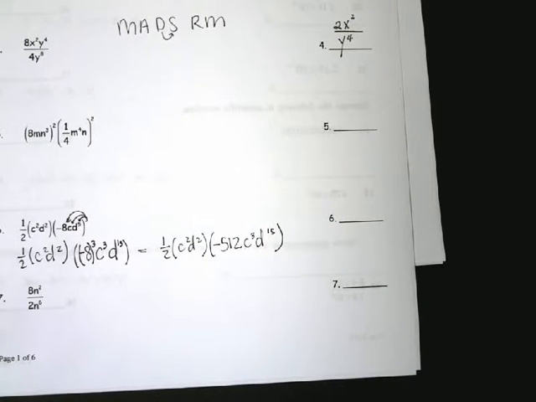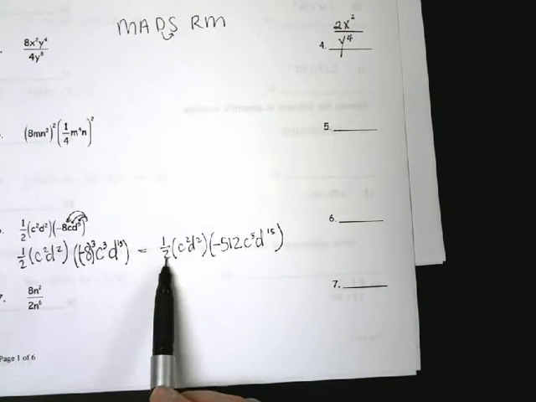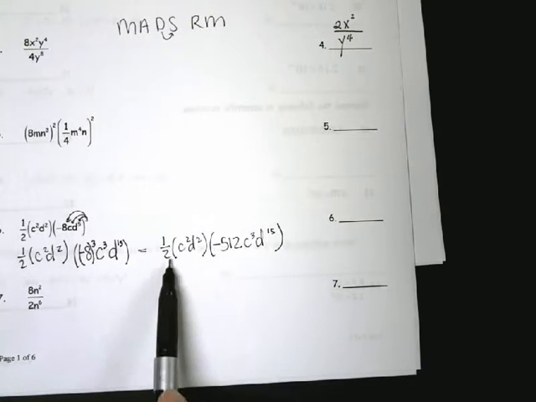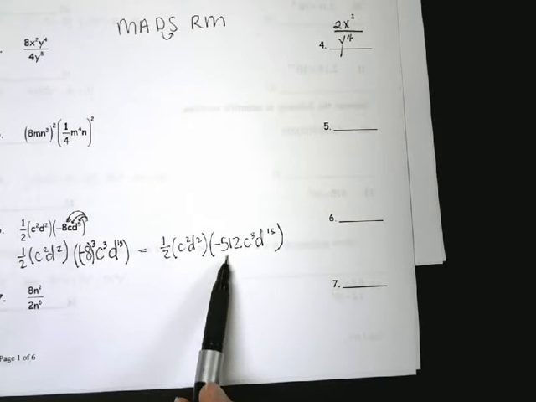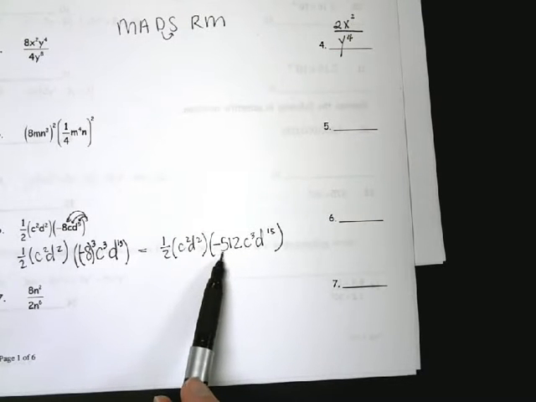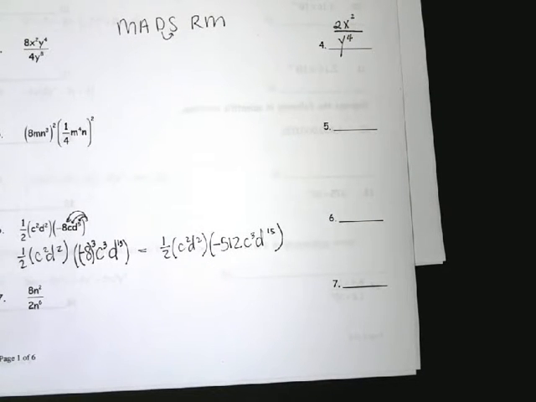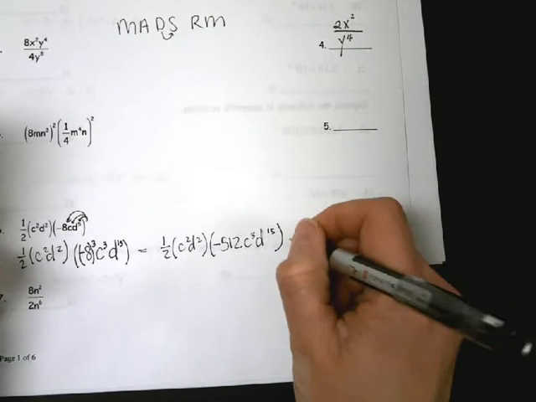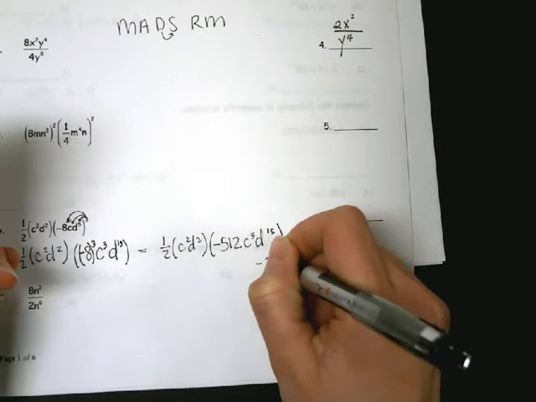From here, we're just multiplying. And when we multiply, you want to multiply your numbers first. These are called the coefficients, the big number in front. You want to multiply those first, and they multiply just like normal. Negative 512 times 1/2 is going to be negative 256.